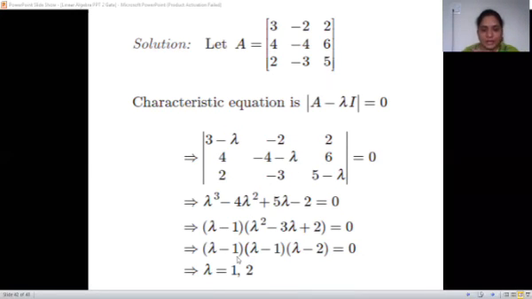Lambda is 1 and 2. So the only options are 1 and 2. Here it is a cubic equation. So the question is again how to solve. Use synthetic division and solve.